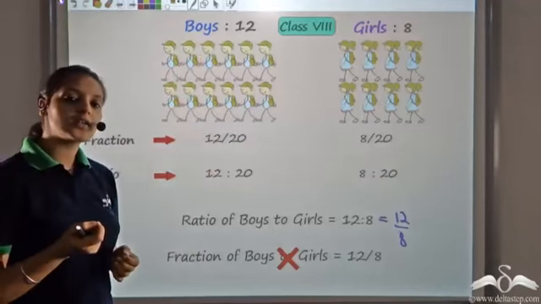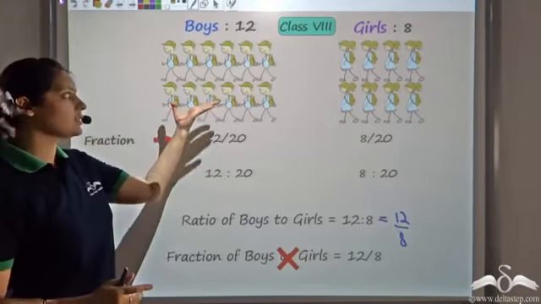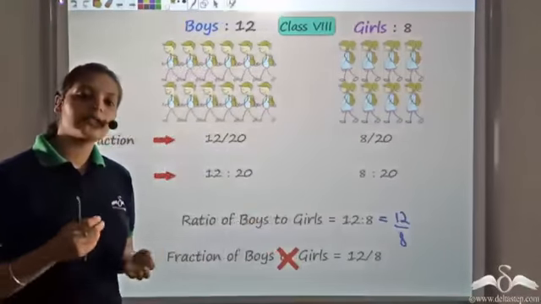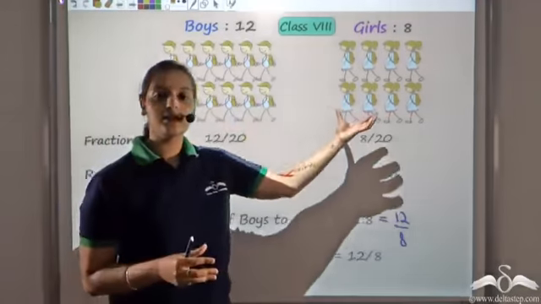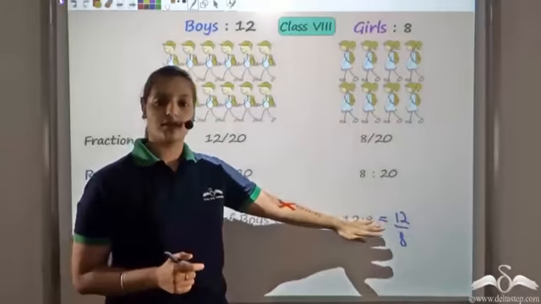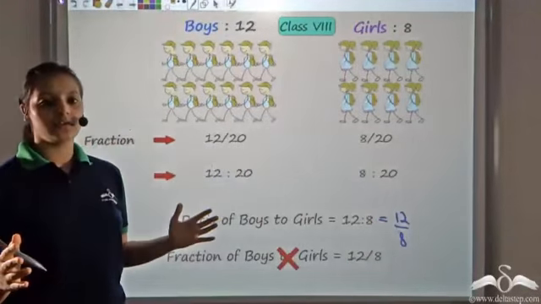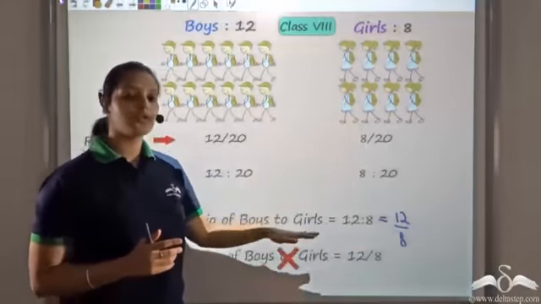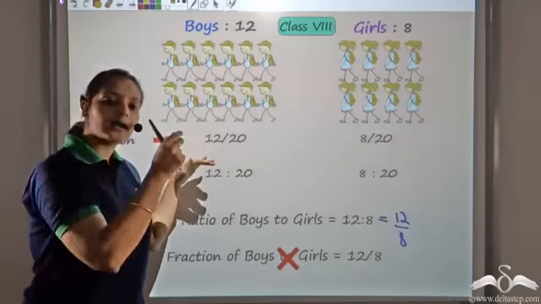So fractions are used when we have to compare some part to the whole, that is boys to the whole class or girls to the whole class. But when it comes to comparing two parts, which are boys and girls, then fractions should not be used. You should use ratios there because they make more sense when you compare two parts of a whole. So for comparing two different parts, we use ratios, whereas fractions are used only to compare a part to the whole.